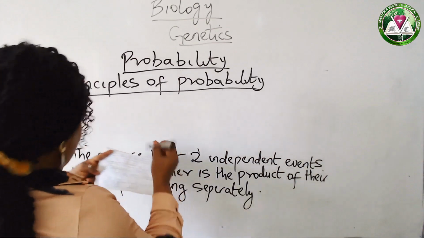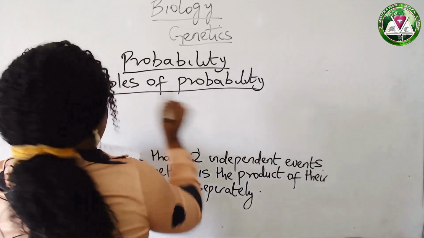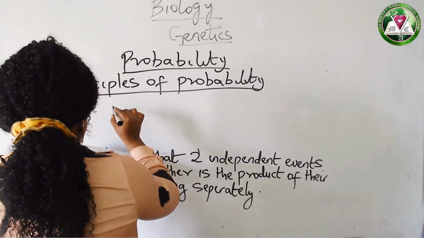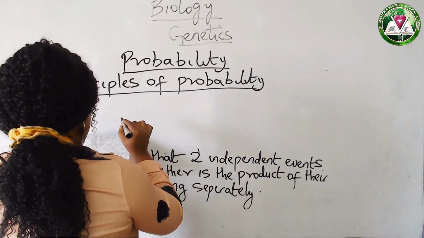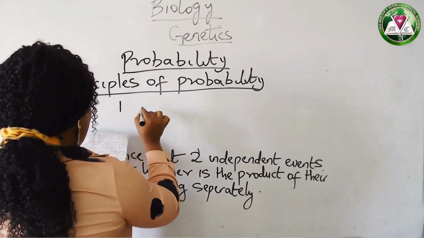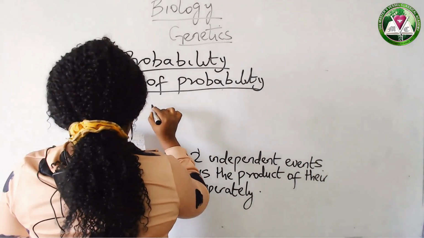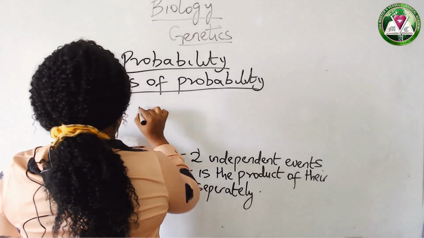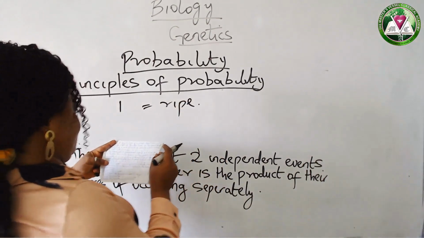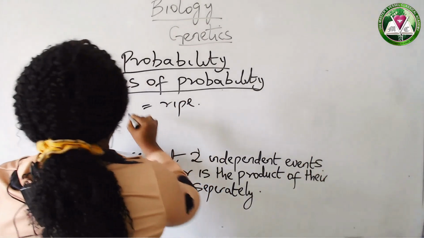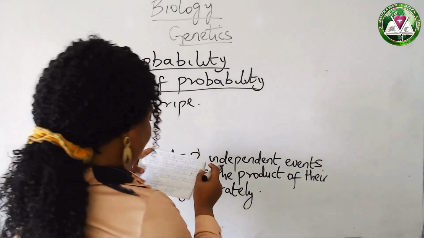Here we are saying that one fruit in every four in a farm is ripe. One out of four in every farm is ripe.